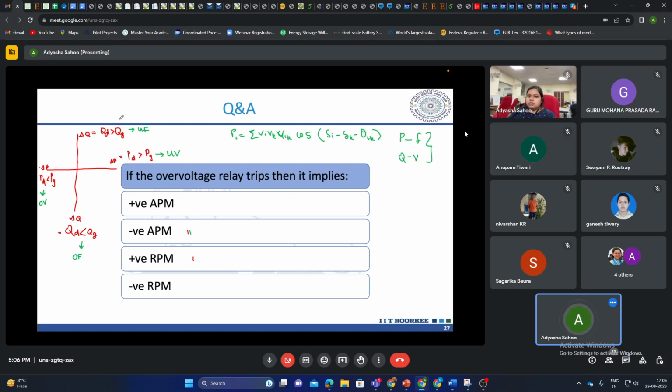We had this for P, and for Q we had the same with sine: Vi, Vk, Yik, sine.